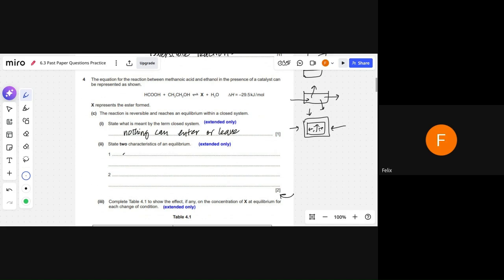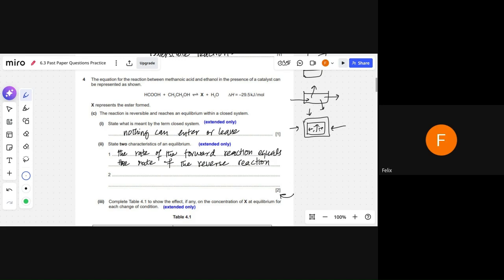So the first one is that the rate of the forward reaction equals the rate of the reverse reaction. Okay, so I hope this point is clear.